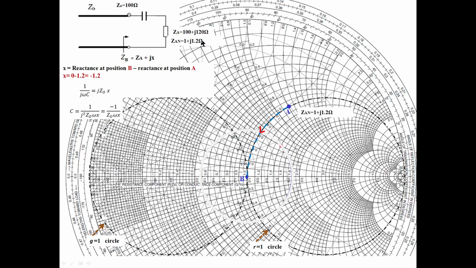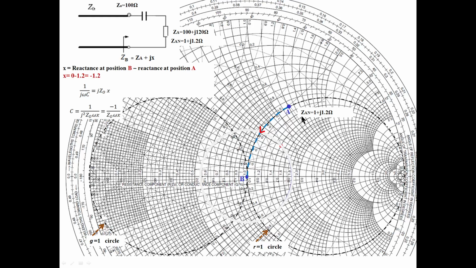Only that is the thing, because the resistance is already the same as the characteristic impedance. So our load point is already on the R is equal to one circle. From here to the center of the Smith chart, we easily moved, and only one component is needed like this to get impedance matching.